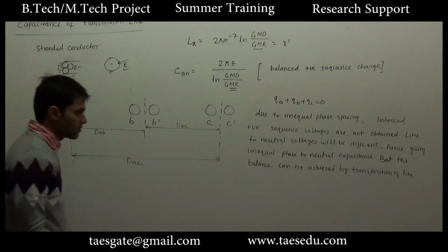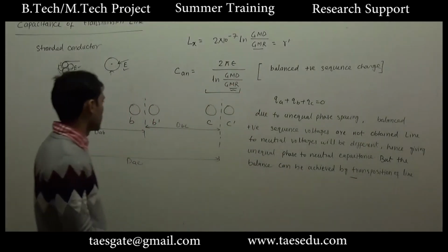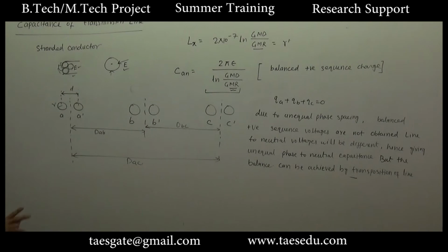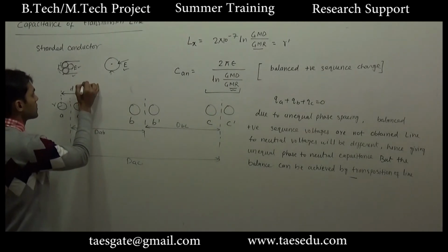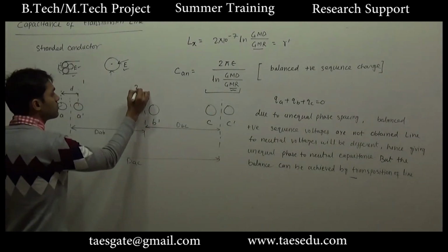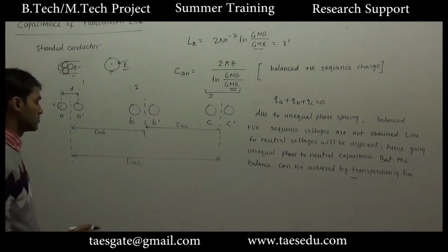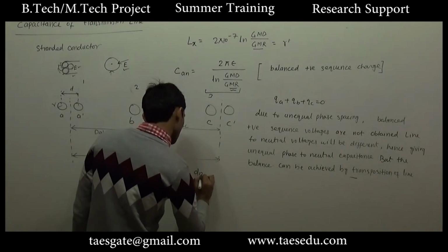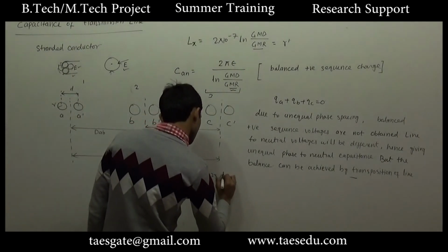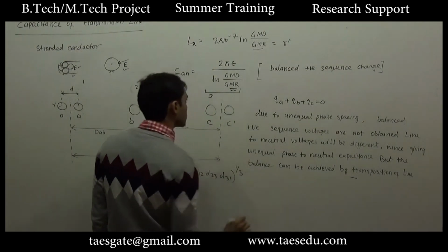So in this case, if we choose transposition, the same formula can be applied, and if we have transposition, we will have 3 distances. The distance between position 1 and 2, 2 and 3, and 1 and 3. So GMD will be D12, D23, D31 to the power 1/3.